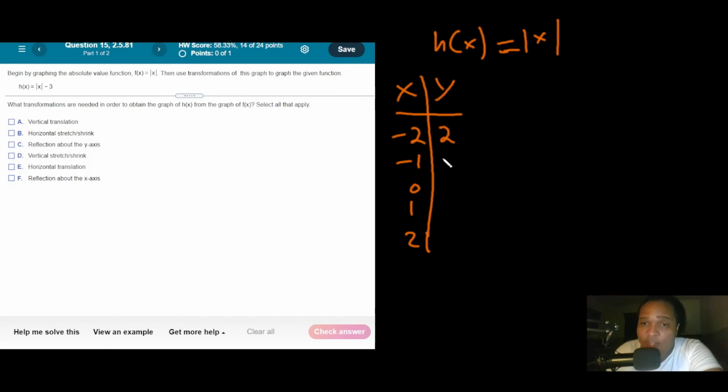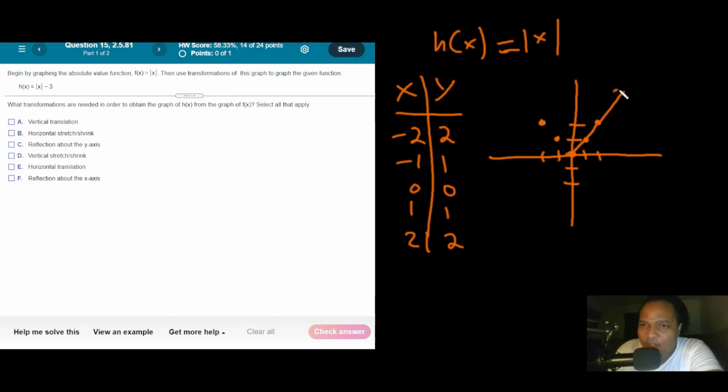The absolute value of -1 is 1, and 0, 1, 2. So at the end of the day, when you graph that, you're going to have (0, 0), (-1, 1), (1, 1), (-2, 2), (2, 2). It looks very similar to a parabola, but this is a sharp V.